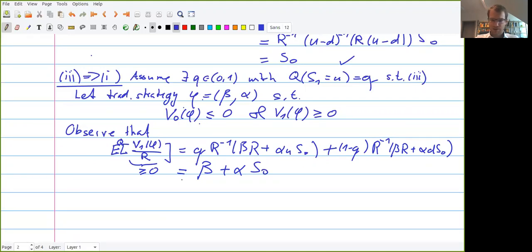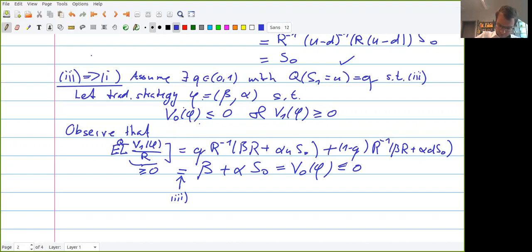So this is property 3i, which turns these two terms into S0. And this is nothing else than the value process of phi at time 0, which was assumed to be less than or equal to 0.